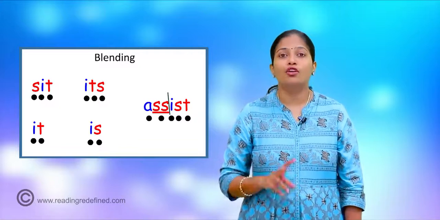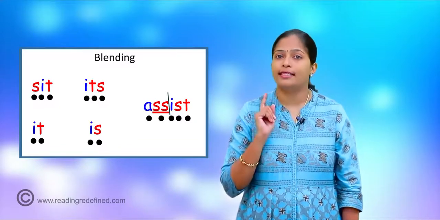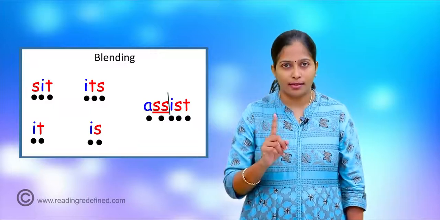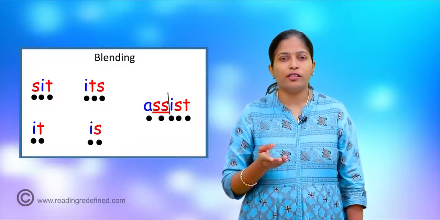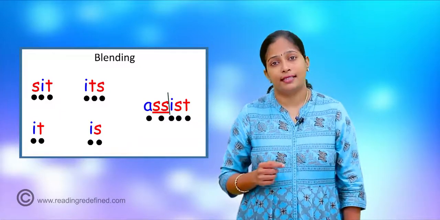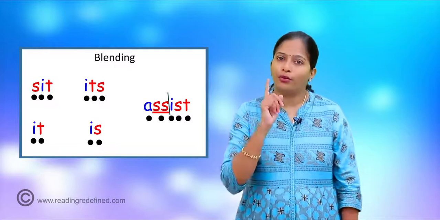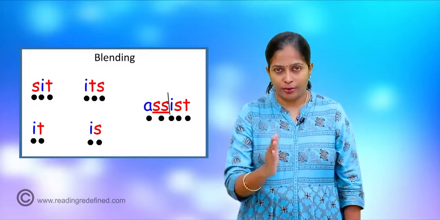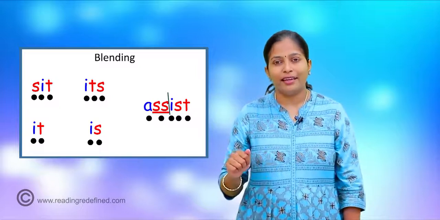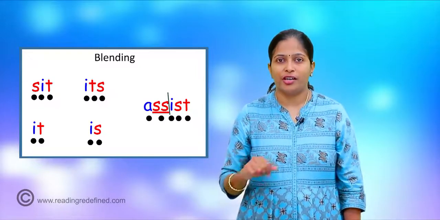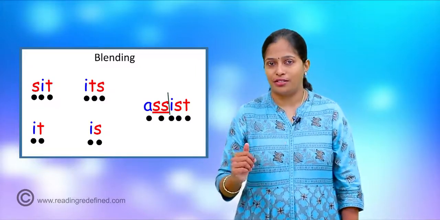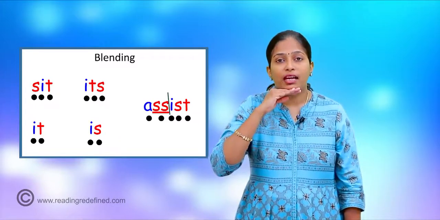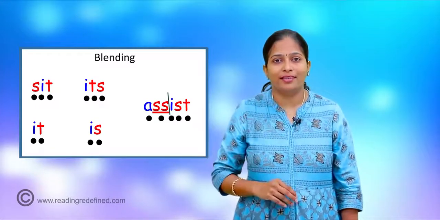Children will tend to read this twice, so you help them read it only once. Then we have broken the word there, and ist, as, ist, assist. So now ask them to understand the chin bump, assist, right?